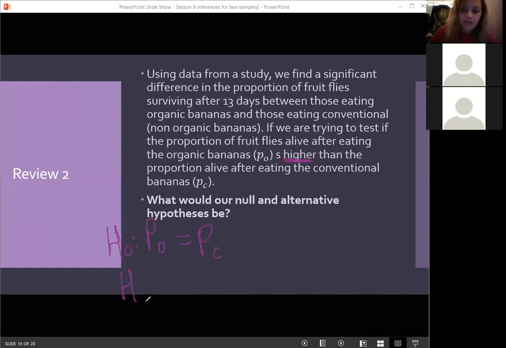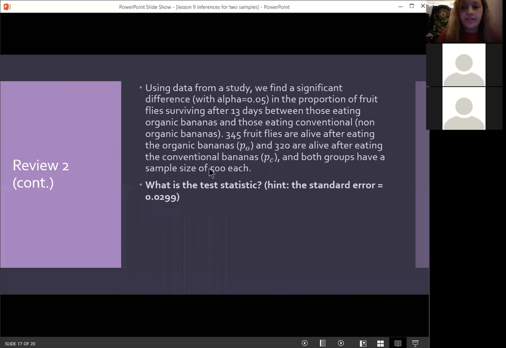Our alternative is since we're talking about the ones that are higher, we're going to see if organic is higher than, which is why we have a greater than sign, and then P subscript C. So great job, absolutely. That's how we do our first step of the hypothesis testing procedure.